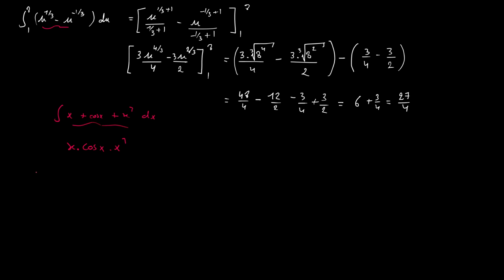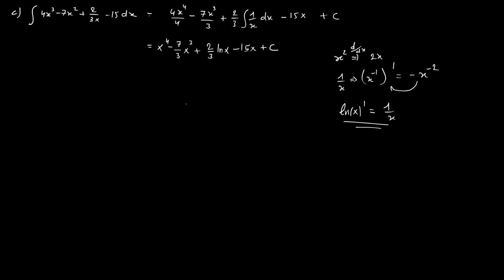The sum is a much easier thing because we can just split it up and say we're just finding the integral of x plus the integral of cosinus of x plus the integral of x to the power of 3. So we can just chop them up. But for multiplication, we cannot do that. So then we need more clever techniques. But as long as we can chop them up with a negative or a positive sign in between them, we're all good. Okay, so that's for question C.